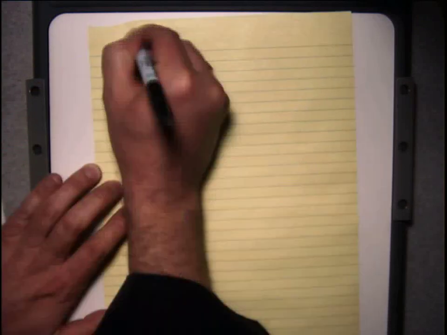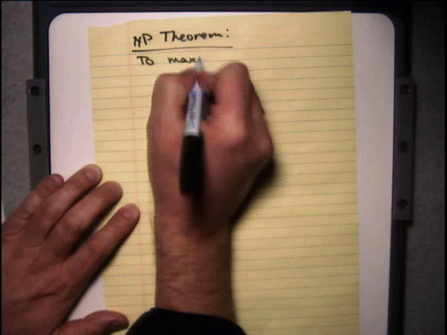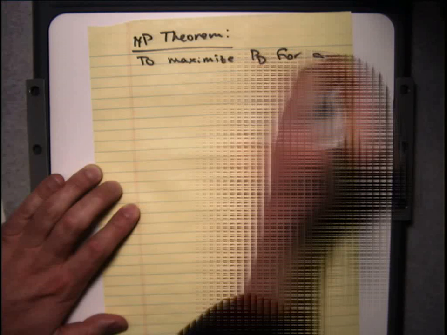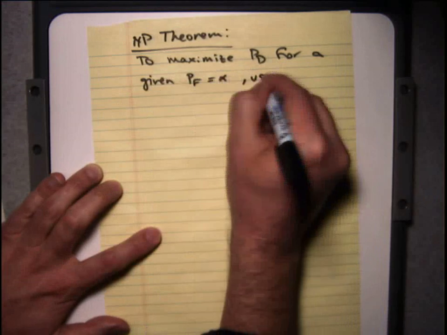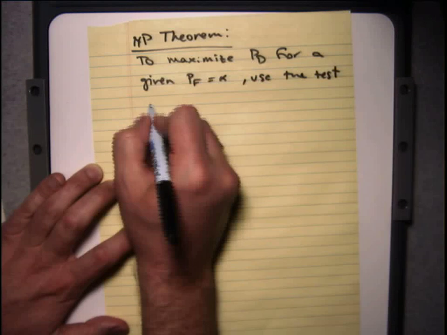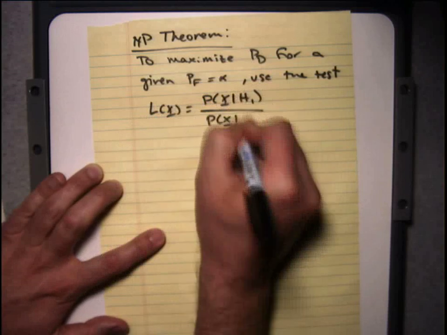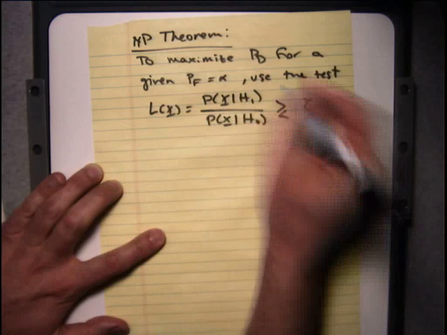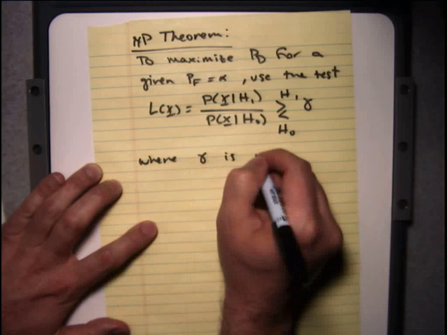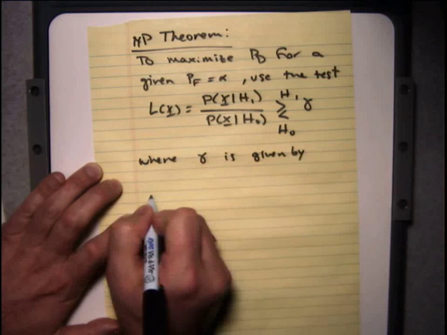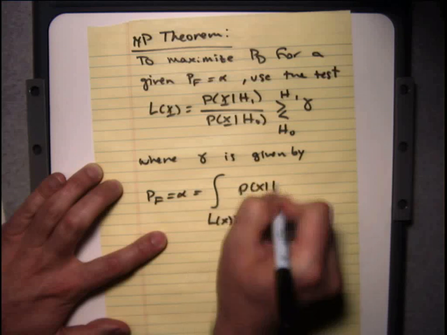To summarize, the Neyman-Pearson theorem is: to maximize PD for a given probability of false alarm equal to alpha, use the test L(x) equals PDF of x given H1 divided by PDF of x given H0, compared to a threshold gamma, where gamma is given by alpha equals the integral over L(x) greater than gamma of the PDF of x given H0 dx.